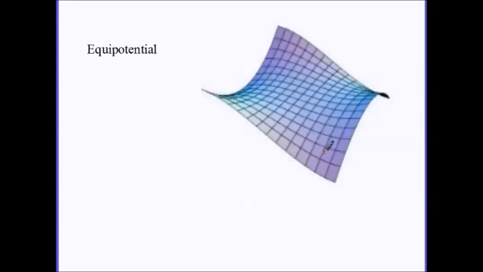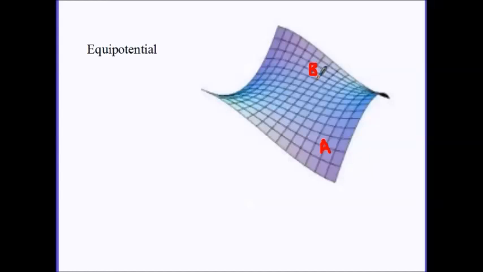If I start at location A, and we'll make this a little bit bigger, and I go to location B, and they both lie in this equipotential sheet, what is the potential difference between those two?